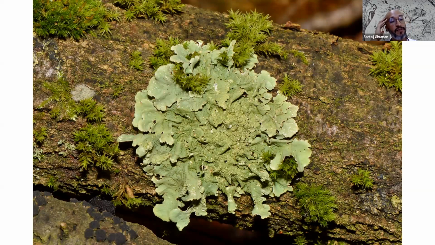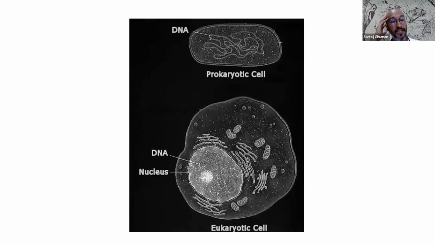But this is true even for the very basic units of life, for a eukaryotic cell, for instance. A prokaryotic cell has just DNA in it, but a eukaryotic cell... So if you're not familiar with biology, this is the basic unit of life, of course. And a eukaryotic cell is a slightly more complex cell than the simplest cell that is out there.